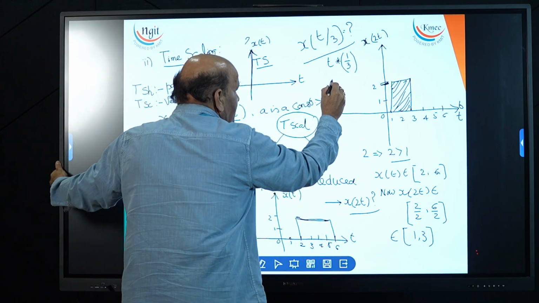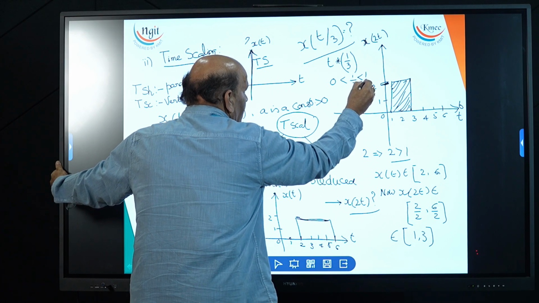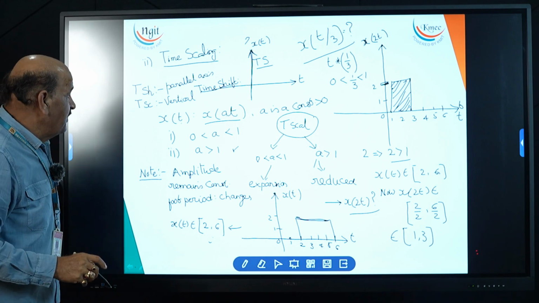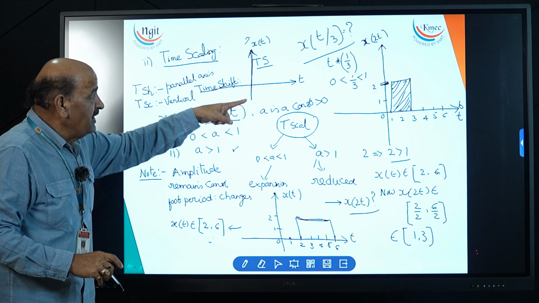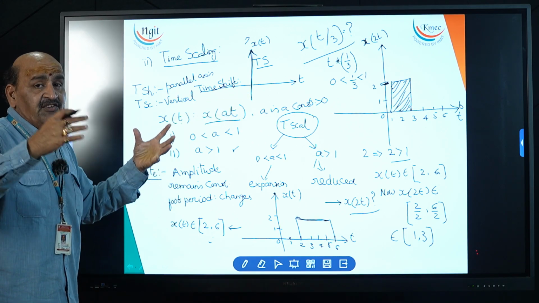That 1 by 3 is what? This 1 by 3 is greater than 0 but less than 1. Therefore, this condition we have to apply. Which condition? This condition. So here 1 by 3. In this case what happens? The signal will be expanded.